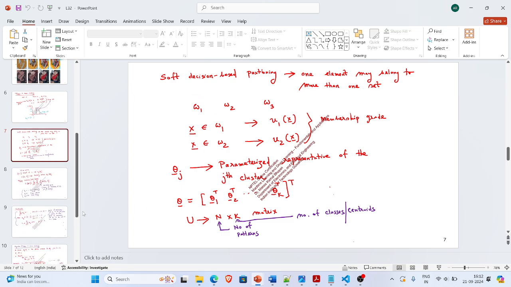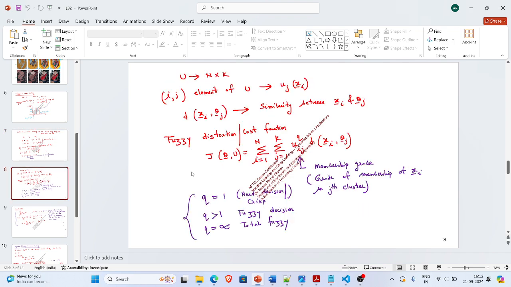Here d(x_i, theta_j), where theta_j is the cluster center and x_i is the point that we have, is the similarity between them, which we denote with d.